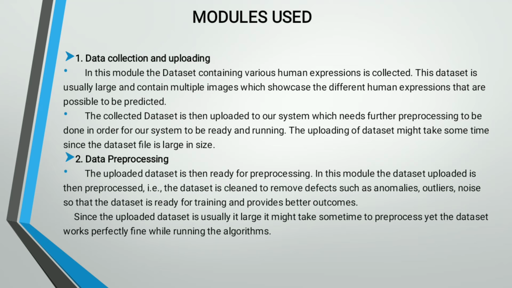In this module, the uploaded dataset is preprocessed. That is, the dataset is cleaned to remove defects such as anomalies, outliers, noise, so the dataset is ready for training and provides better outcomes. Sometimes it takes a large time to preprocess, but then the dataset works perfectly fine while running the algorithm.